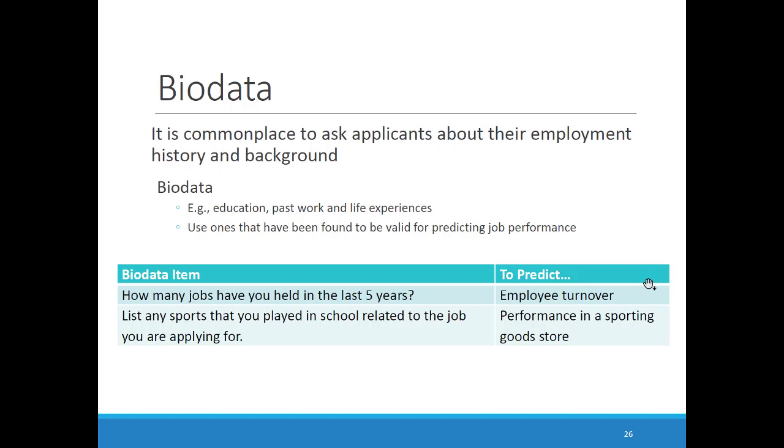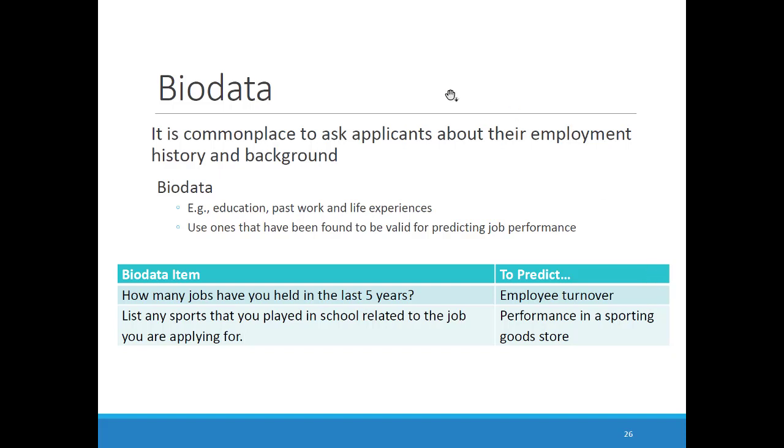And interestingly, this can also be used as a competitive advantage for organizations. So for example, Google is known to use biodata. And they use some uncommon types of biodata questions that they have found predict job performance, but they may not be seen as especially relevant to the job. And I'll come back to this in just a moment.